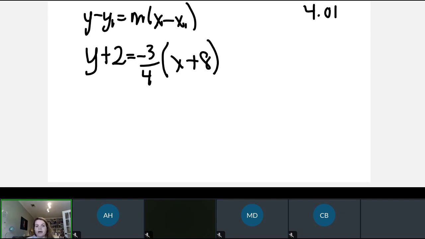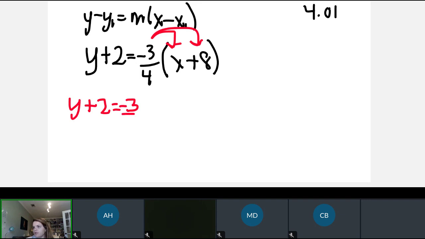Okay, perfect. So now, Paulina, to get it to slope-intercept form, we're going to distribute this negative 4. Yes, I'm going to do 4.01b right after this one. Yes, I will record tomorrow's for sure. So you still get y plus 2.